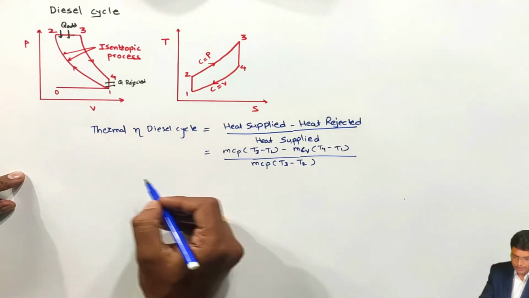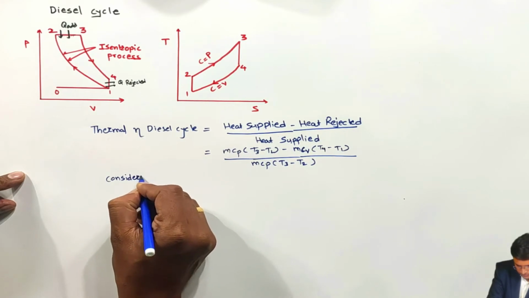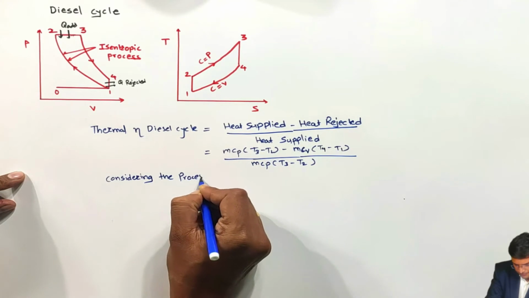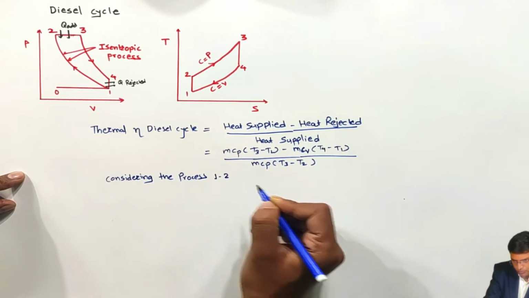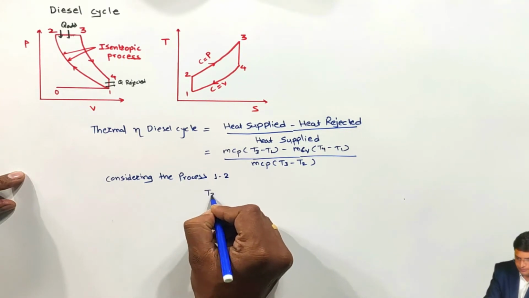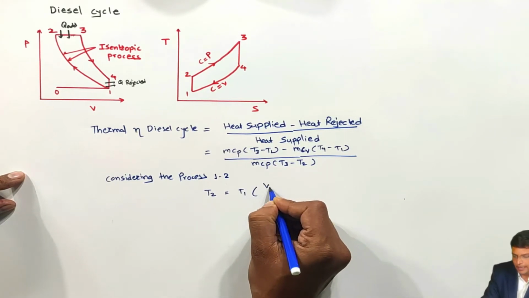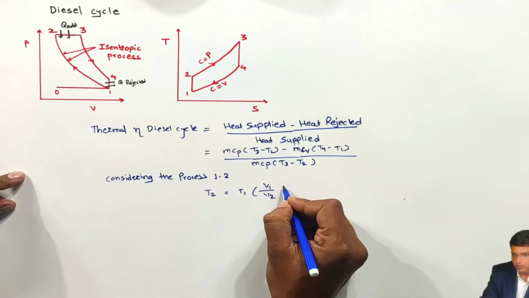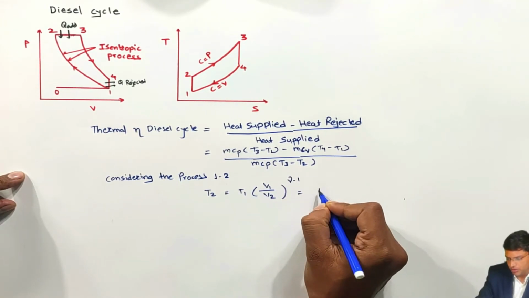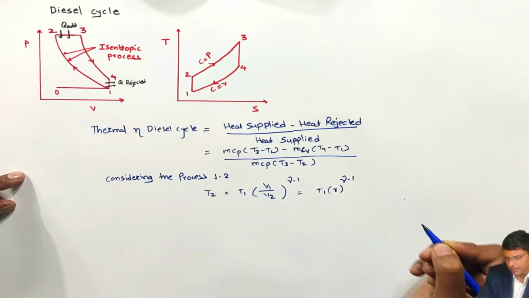Now considering the process 1 to 2, T2 is equal to T1 in bracket V1 upon V2 raised to gamma minus 1, which is equal to T1 in bracket r raised to gamma minus 1.